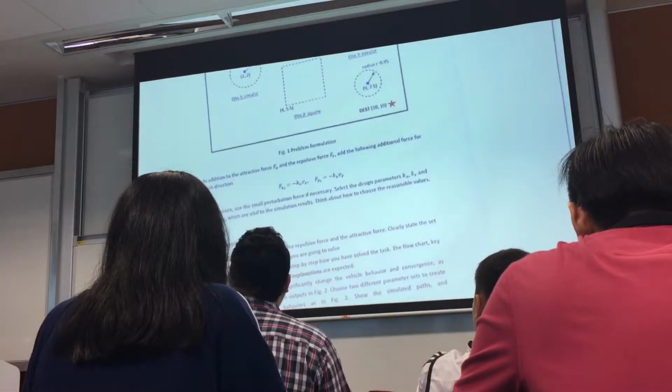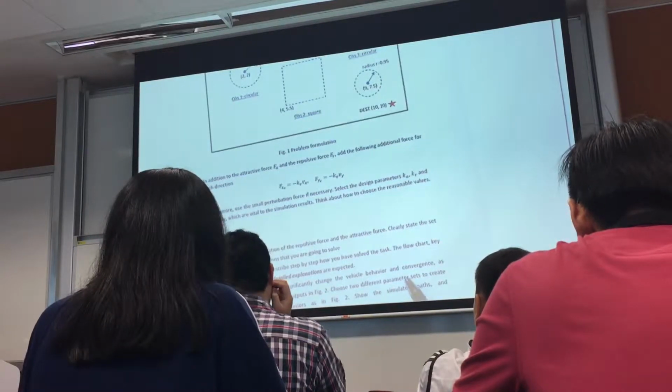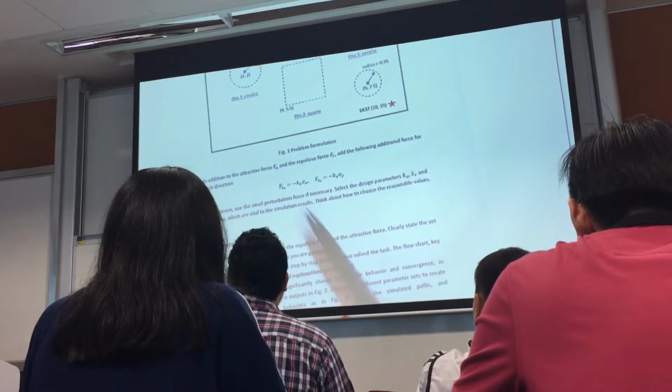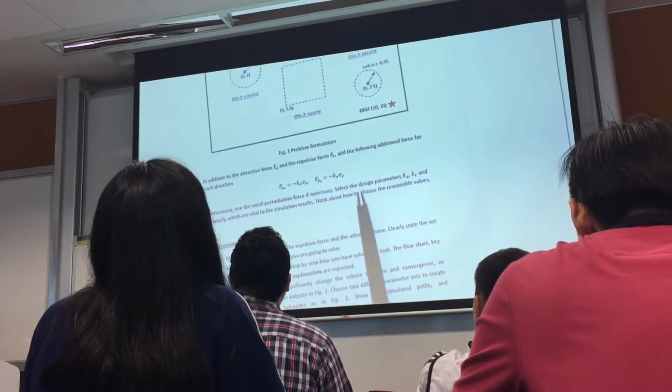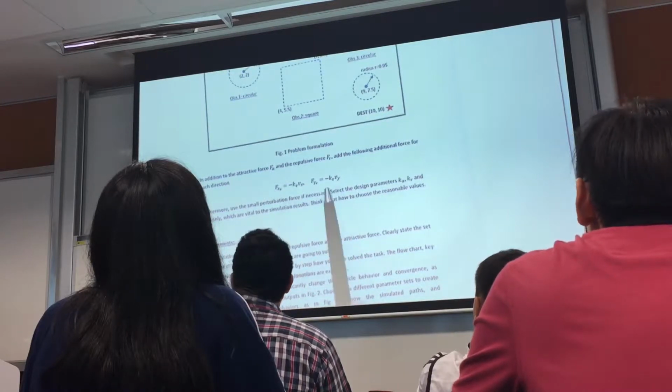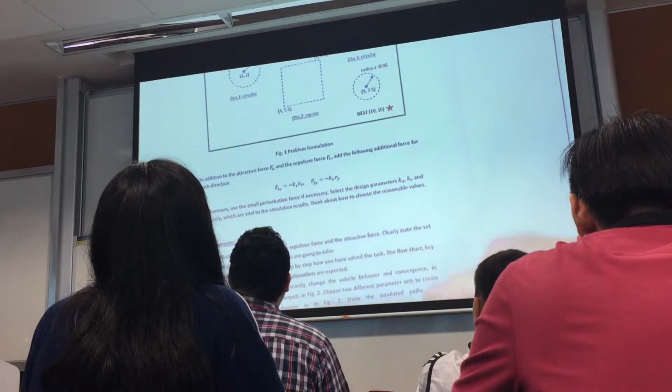So the third requirement asks you to change your parameters. We have three parameters here, and you need to think about how to choose them. You cannot choose arbitrary parameters; the parameters must follow some rule.